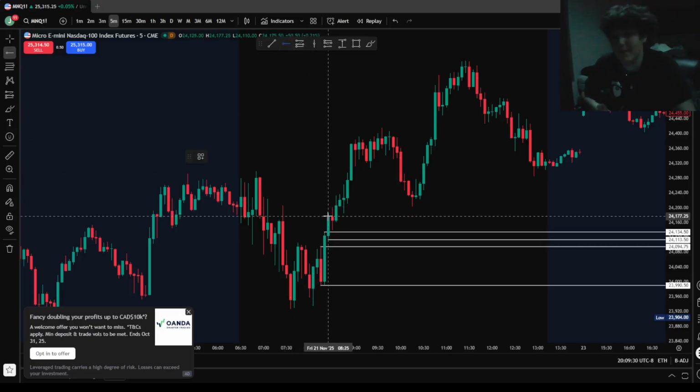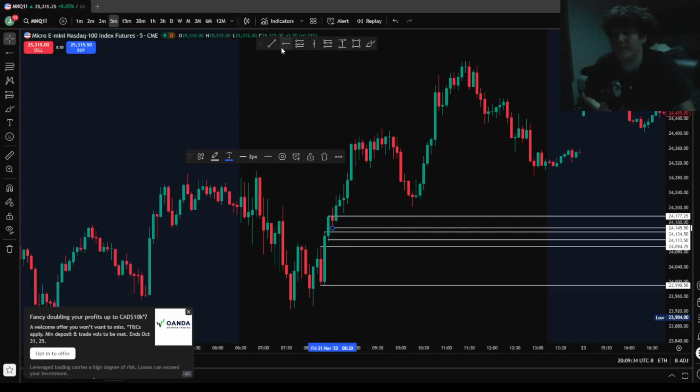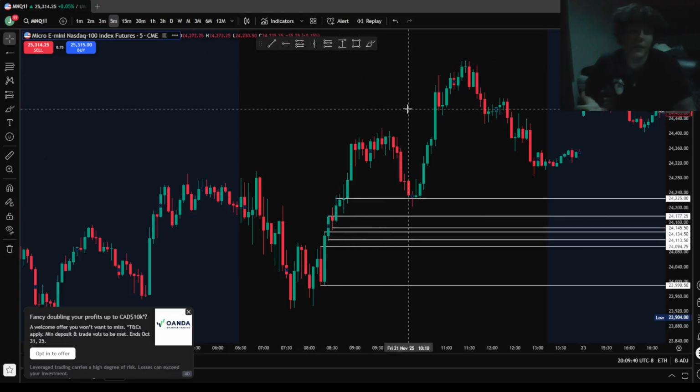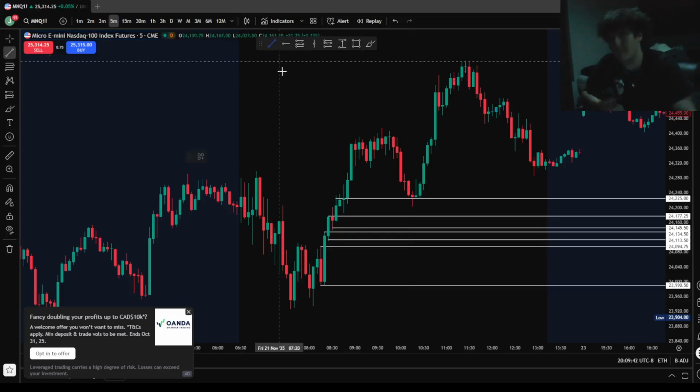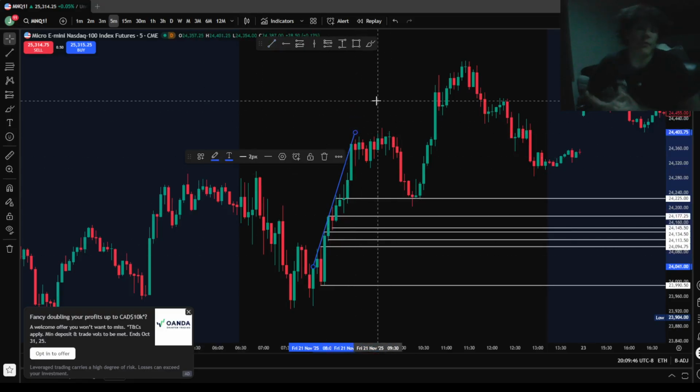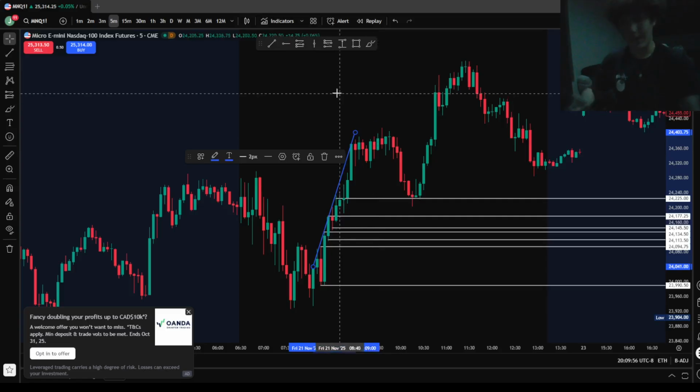It continues. We have a higher high, a higher low, a higher high, a higher low. Because, as I said just before, that creates a trend upwards. A series of higher highs and higher lows is an uptrend. A series of lower highs and lower lows is a downtrend.